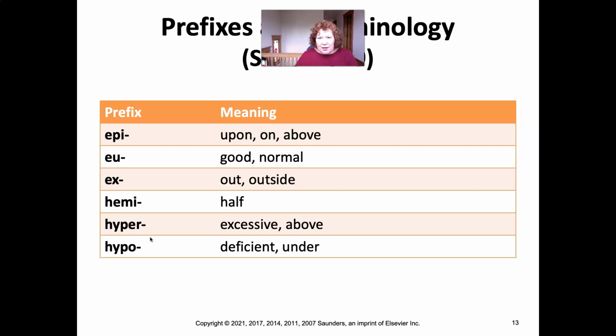You could theoretically kill a patient by giving them too much or too little of a drug because the condition was incorrectly established or the order was written based on that incorrect medical term. So be very, very careful when it comes to hyper versus hypo.